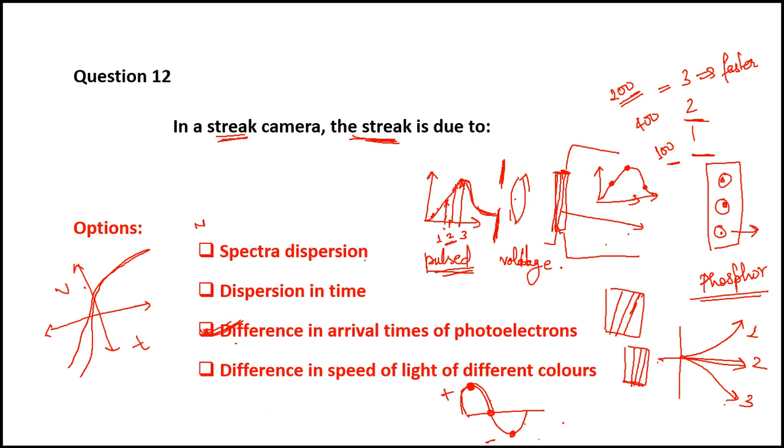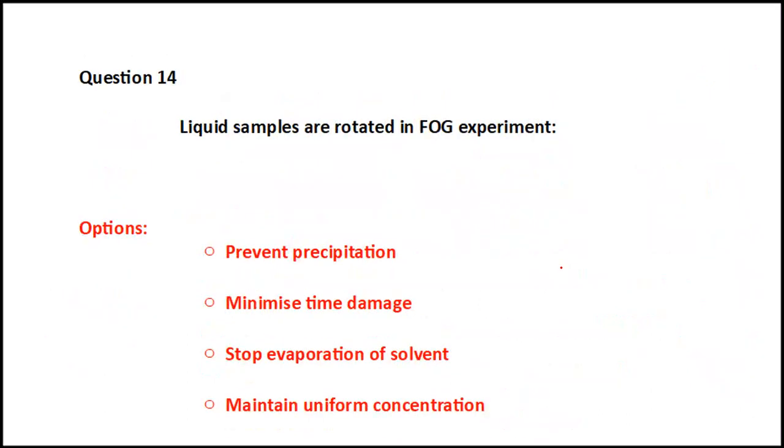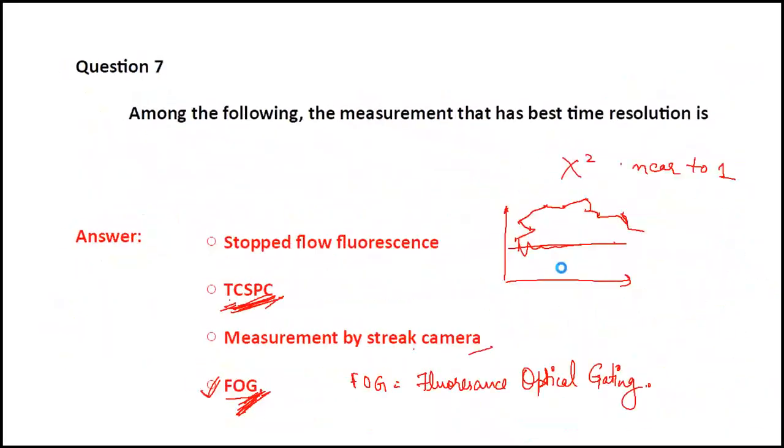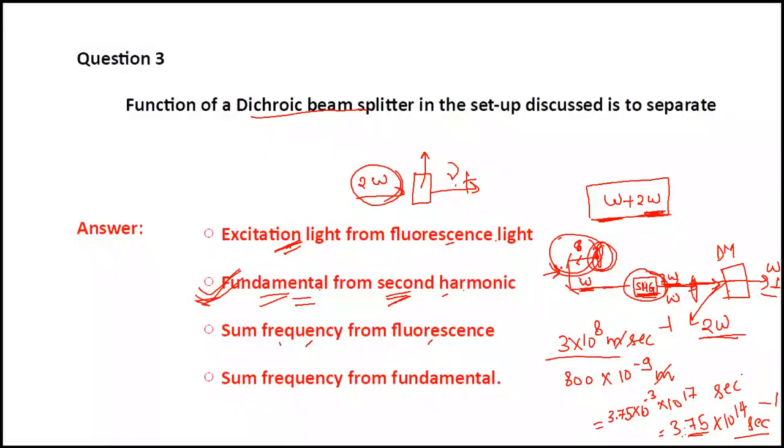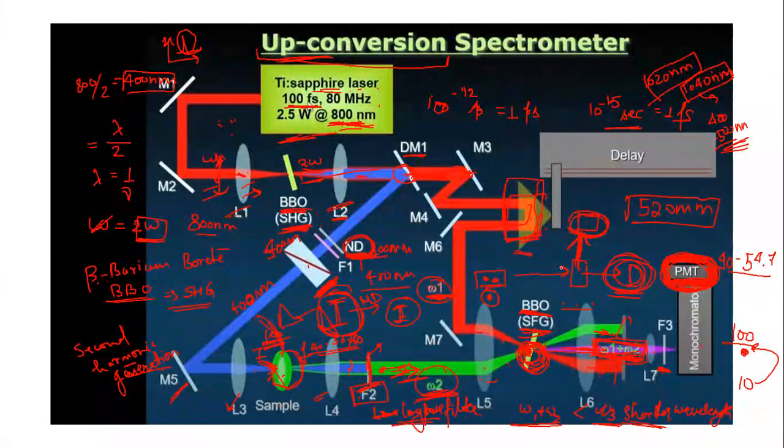Since the time is quite up, there are two remaining questions, of which this is the one we can still discuss. That is, why are the liquid samples in the fog experiments rotated? For more detail, let's look at this diagram showing the sample.